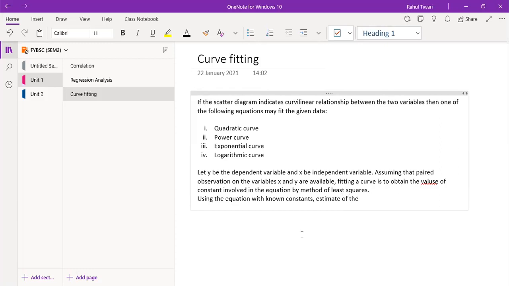the value of the dependent variable y, which can be obtained for a given value of x.